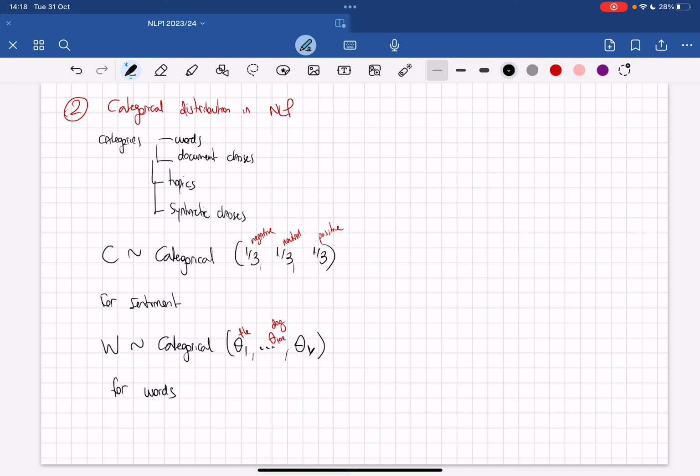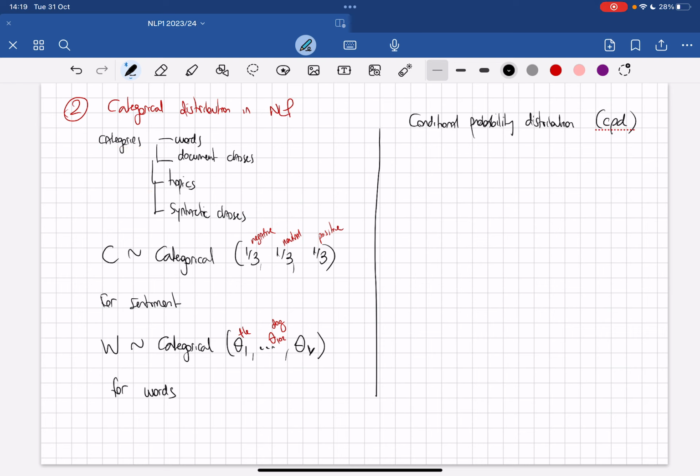Now, more often than not, what we really deal with is the distribution of a categorical variable in context. And those are the conditional probability distributions, or CPD for short.